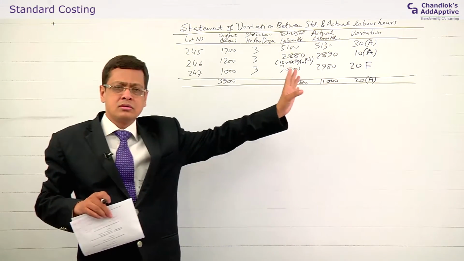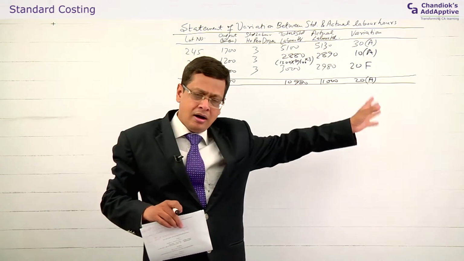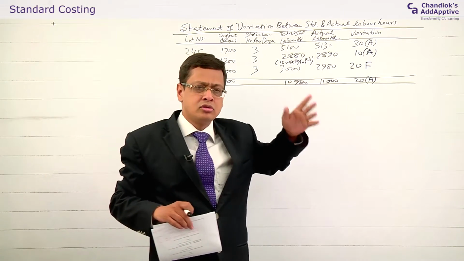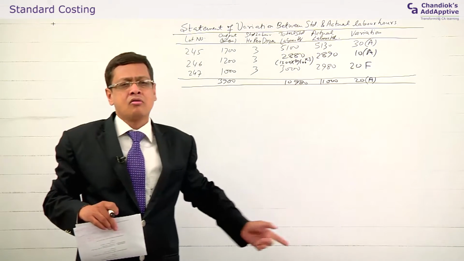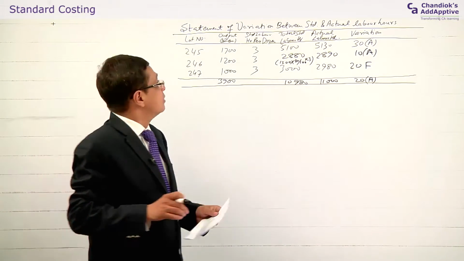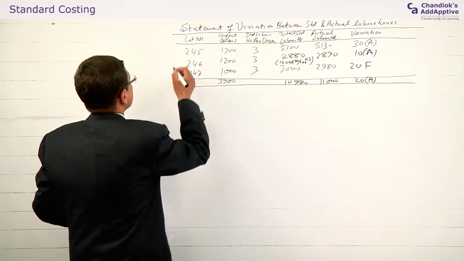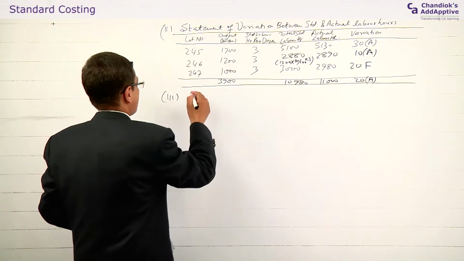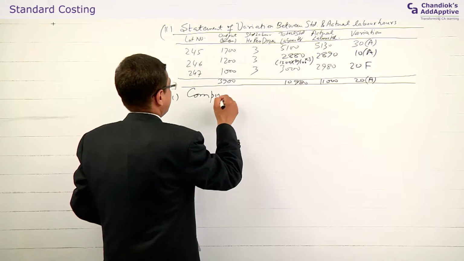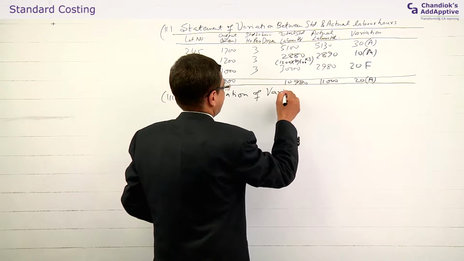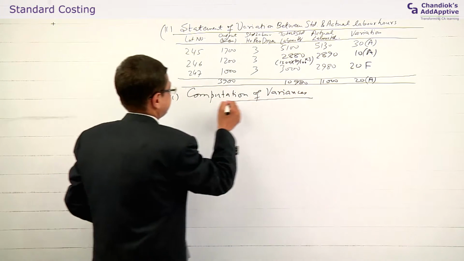So, do not use variance here unless the question says to use variance, we should use whatever is given in the question. So, we have done this part which is the second part of the solution. Now, we move to the third part of the solution which talks of computation of variances.